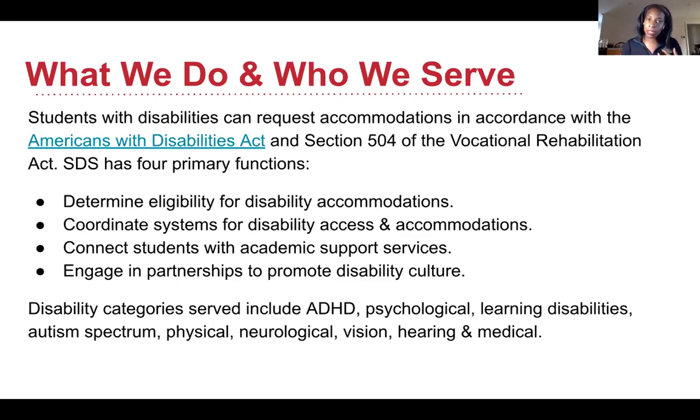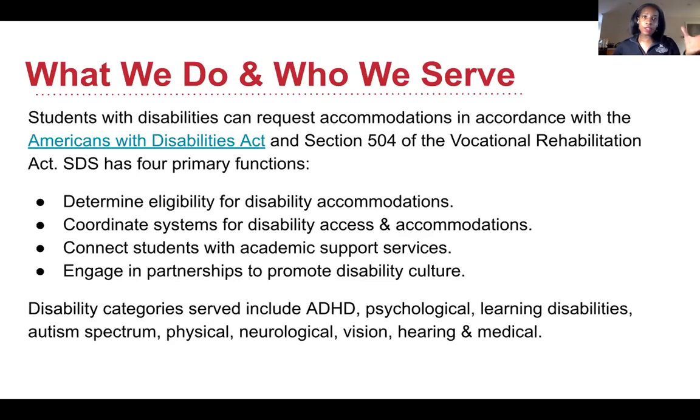So your eligibility determination and all of the nuts and bolts of actually receiving accommodations that a student may be legally eligible for, that comes through our office, and we do use a database called the Students Accessing Miami portal to manage those processes. But then we also do a lot of things around coordinating the accommodations, right?